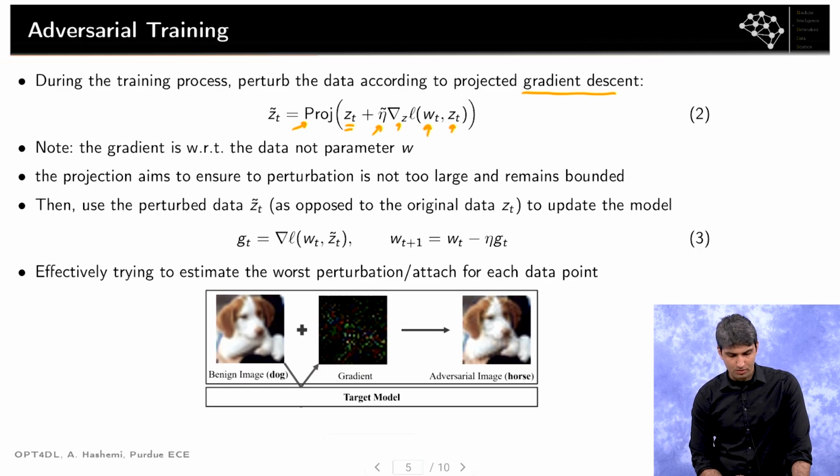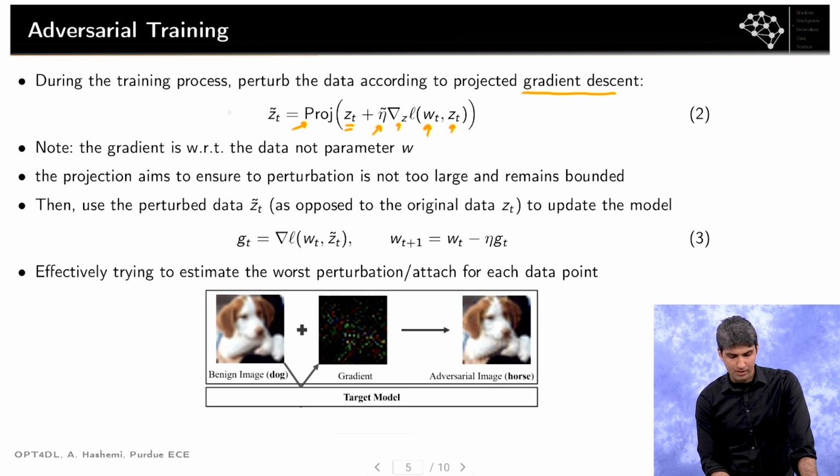So first of all, note that, as I mentioned, the gradient is with respect to data, not the parameter. And secondly, this projection operator here aims to ensure that the perturbation is not too large and remains bounded.